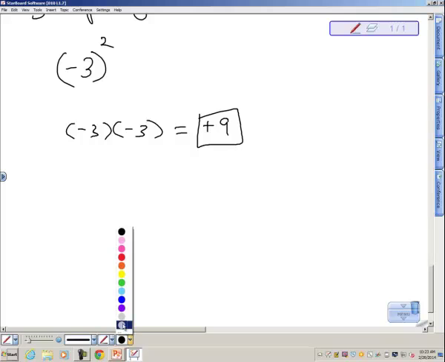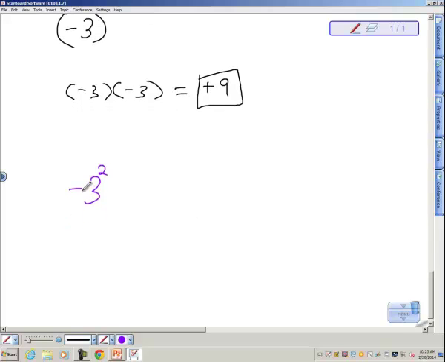Now, let's say that we have here negative 3 squared, no parentheses. So this time, what are we going to square? The first one, we square the negative and the 3, but the second one, what are we squaring?